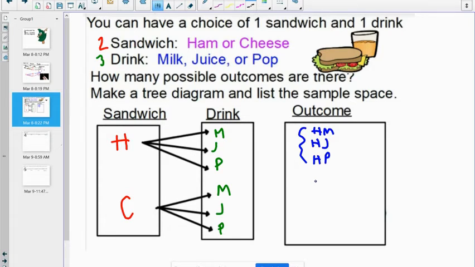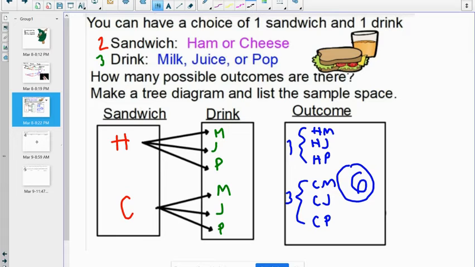If we were to choose a cheese sandwich, we can have cheese and milk, cheese and juice, and cheese and pop. And those are our 3 choices if we picked a cheese sandwich. So if we add those 3 and 3 together, we're going to get 6 total options. So we have 6 items in our sample space, our outcomes. Again, feel free to pause, rewind. I'm going to move on to the next slide.